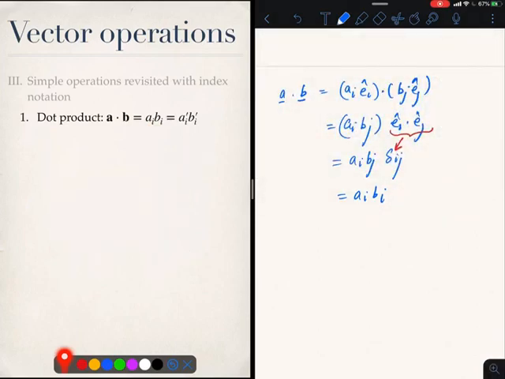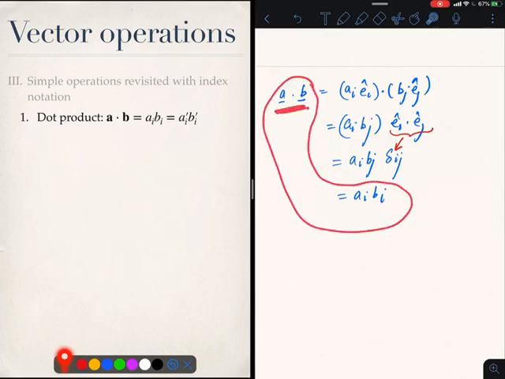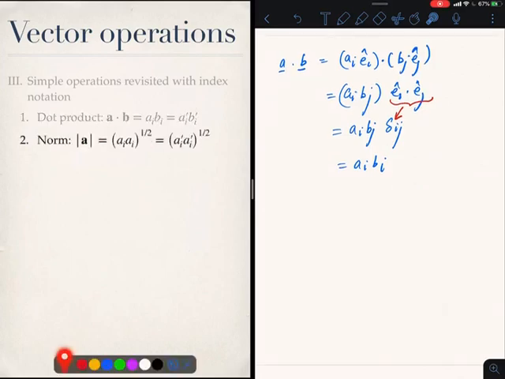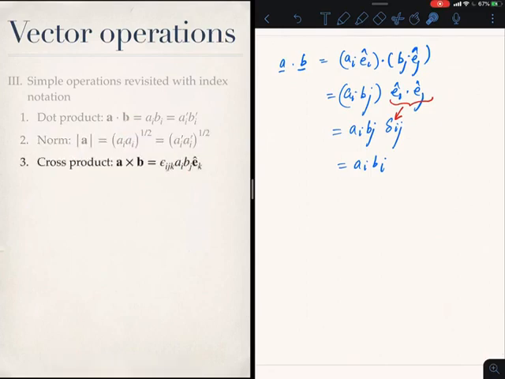And this equation therefore is also a valid index notation equation because no free indices over there, one dummy index over there. And I will leave you to prove that A dot B is also the same as Ai prime Bi prime in some other coordinate system. The norm again we can compute simply by replacing B with A. Okay, so that's fine. Let's come to the cross product.